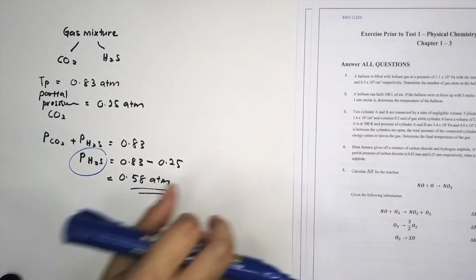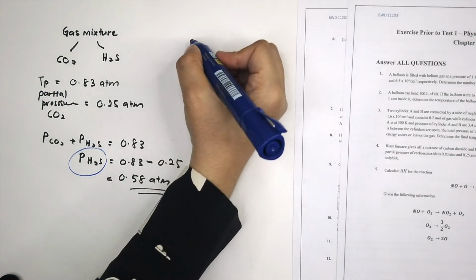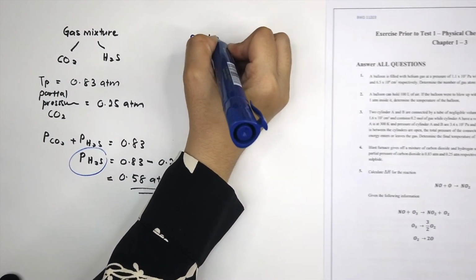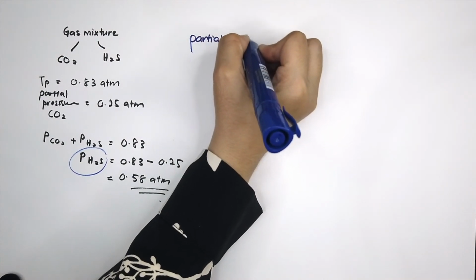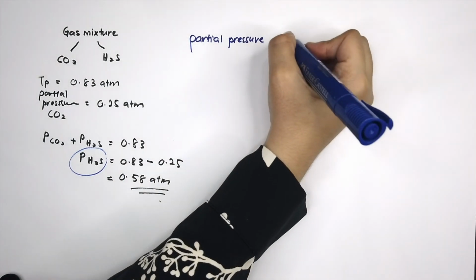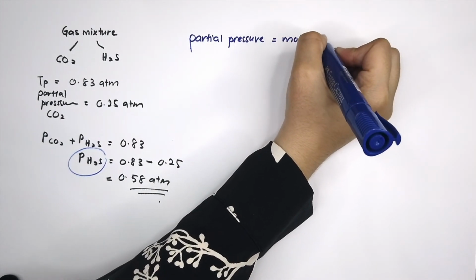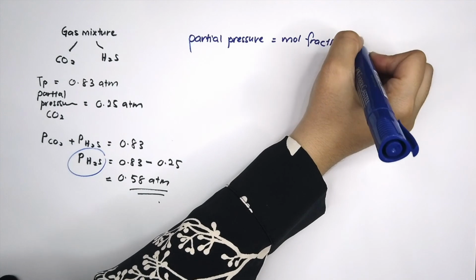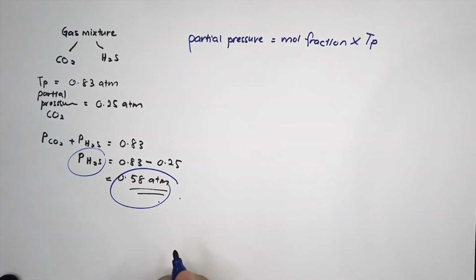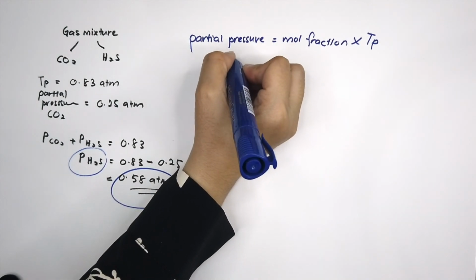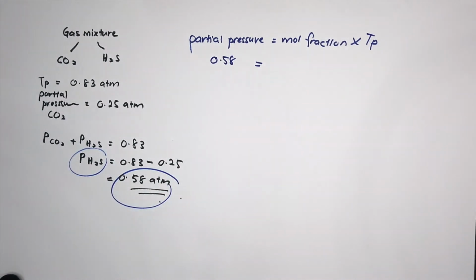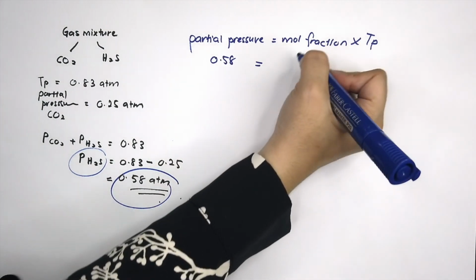From here we can say that the partial pressure of a gas is equivalent to the mole fraction times total pressure. So since you know the partial pressure is 0.58 atm, you can find the mole fraction, which is this one.